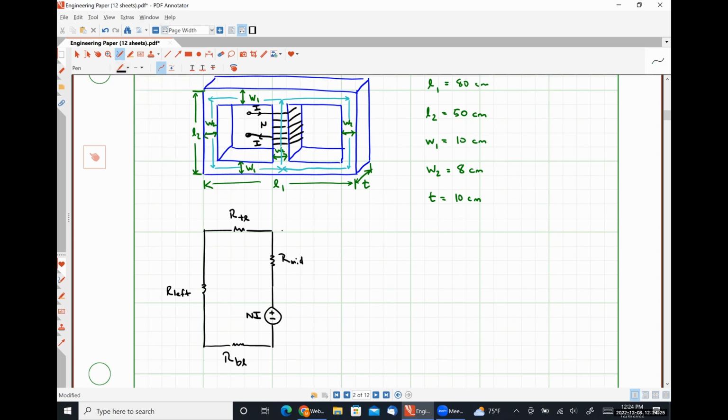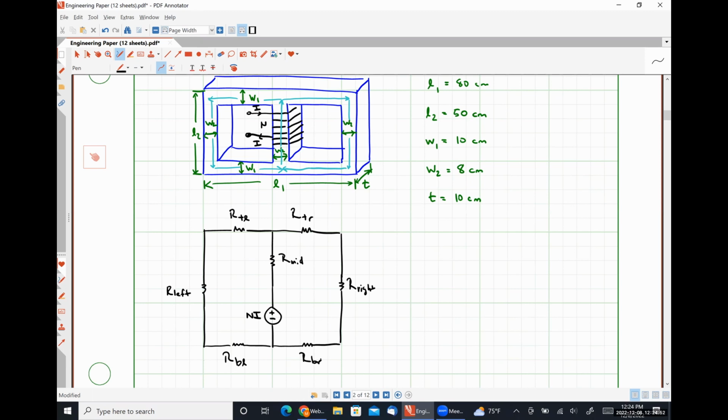So from that, I'm going to have this reluctance, which is in the top right, this reluctance, which is to the right, and this reluctance, which is in the bottom right.